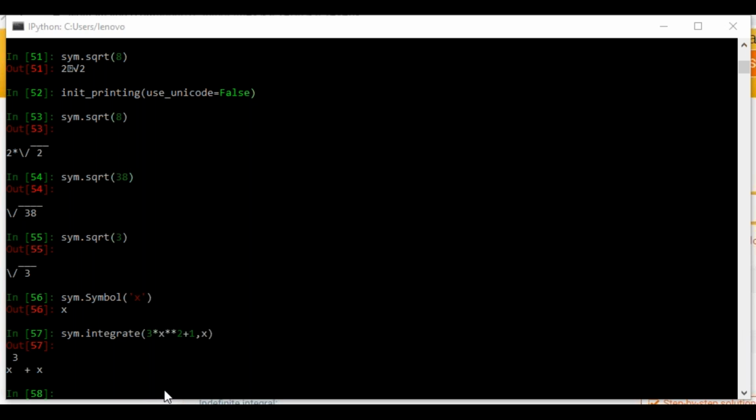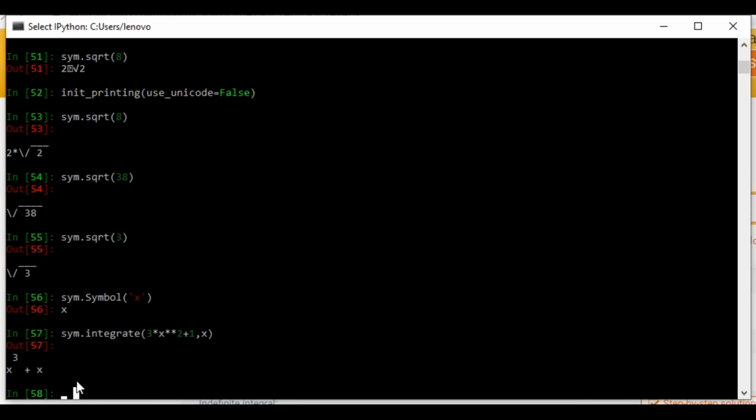Okay, next. Initially we can see quad, dblquad, tplquad, etc. Here quad is a function provided to integrate a function of one variable, the integral of a function of one variable between two points.